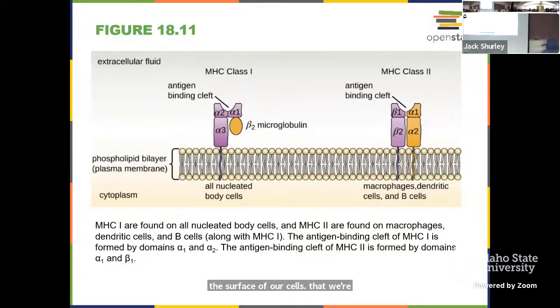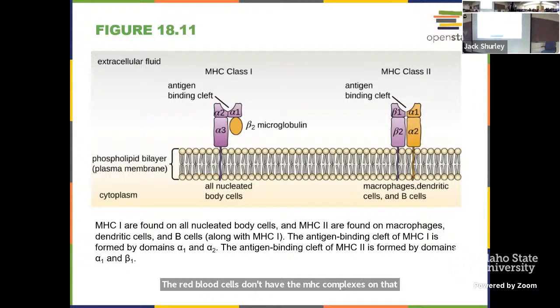Our nucleated cells, and we've mentioned this previously, the red blood cells don't have the MHC complexes on them, and there's important aspects of that. But on the nucleated cells, we can see specific proteins. On our normal cells, we see the class 1 proteins, MHC class 1 proteins, and remember major histocompatibility is MHC.